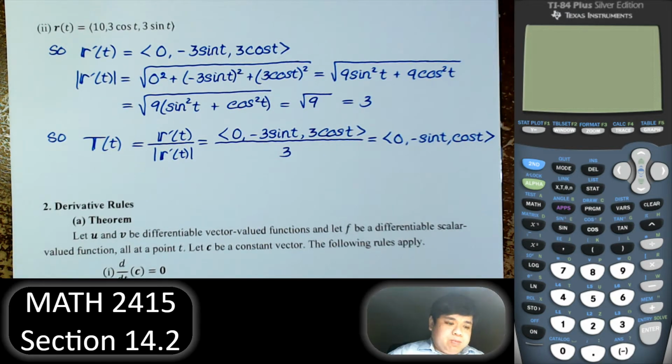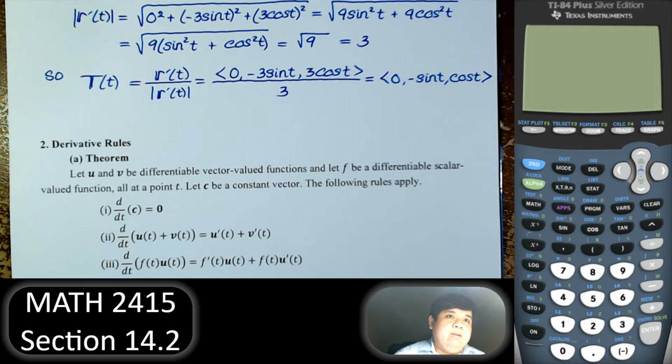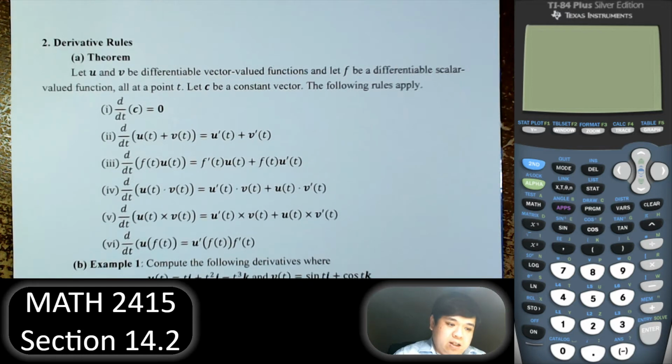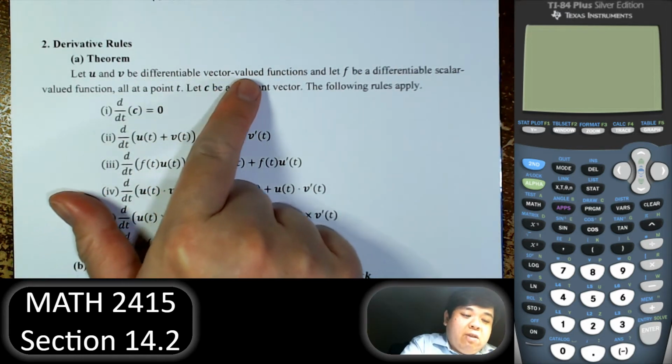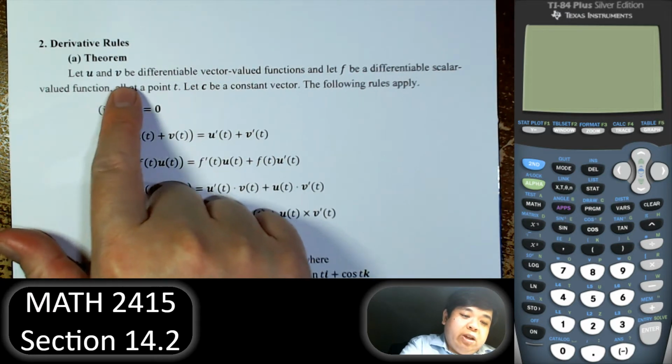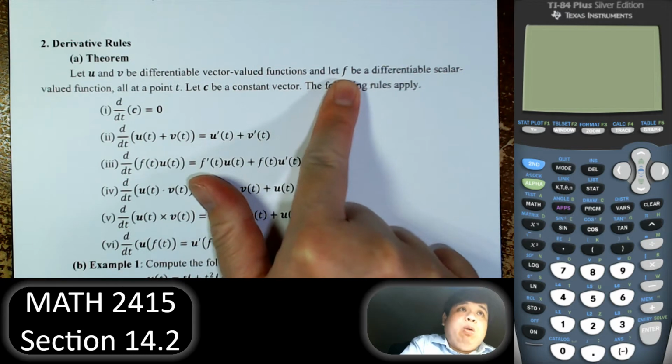Next we have the derivative rules. This is not much different than the rules we already have. Let u and v be differentiable vector-valued functions, so those are vectors u and v. F is a scalar function, so this is a regular face.